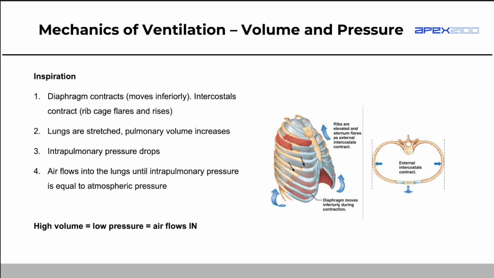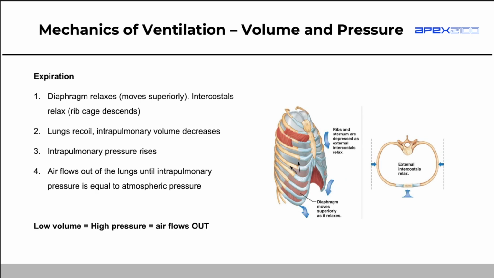So that's how air comes in. So when you're not thinking about breathing, for example, when you're sleeping, this is what makes you breathe. It's this discrepancy between high and low air pressure that keeps air coming in and out, because air pressure always wants to equalize. So we're creating a low pressure in the lungs, which is making the air flow in from the atmosphere, and the air will continue to flow into the lungs until the pressure is equal to atmospheric pressure, and then it will naturally stop flowing in.